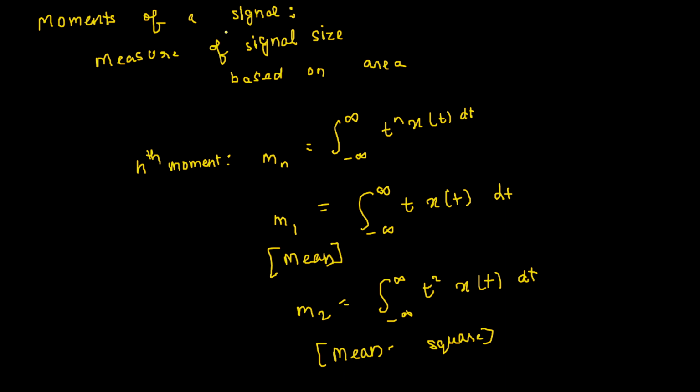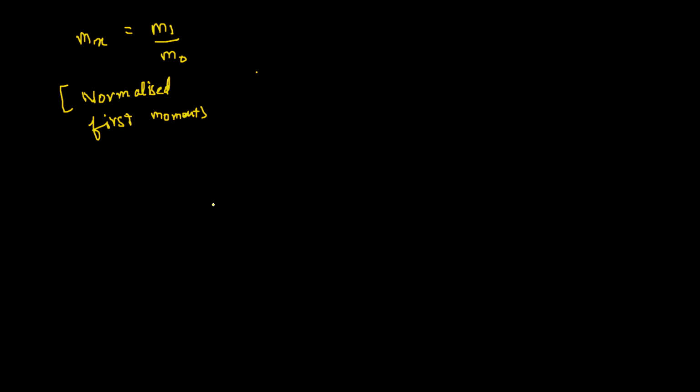I think I forgot to mention m0. m0 would be t to the power 0, which is just 1. That would be m0 would be integration of minus infinity to infinity x of t dt, right? So that is the normalized first moment.